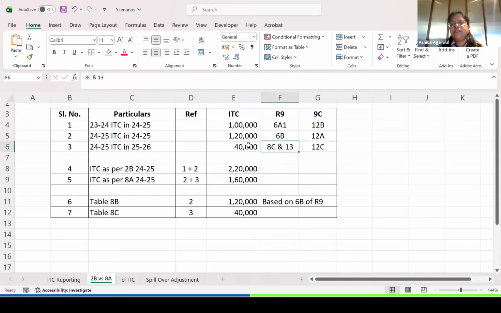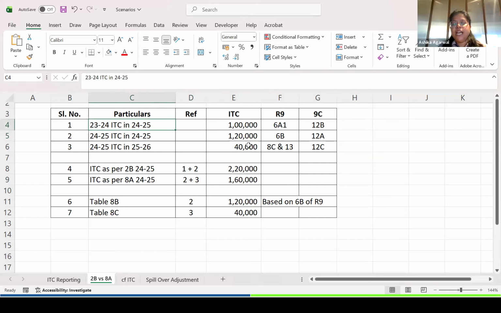To cater to this, they removed the 23-24 impact from table 6B, which is the comparison table for table 8A. So 6B will show only 1,20,000, and 8B will auto-populate based on 6B, which is 120.